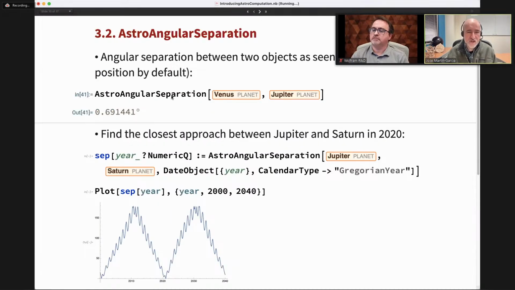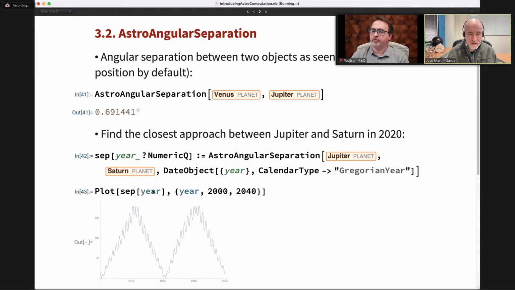Another very important function is AstroAngularSeparation. This is going to measure the angle in which two objects are observed from a third place, which by default, again, is here, Champaign for us. We can compute this function to say what's the separation between Jupiter and Saturn for a given year.